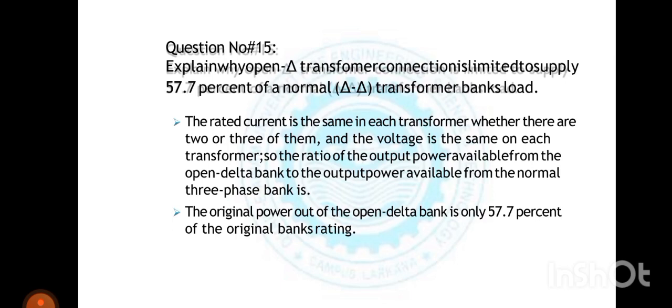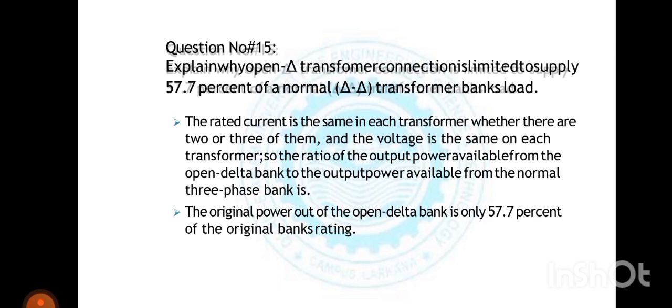Question number 15. Explain why an open delta transformer connection can simultaneously supply 57.7% of a normal delta transformer bank's load.